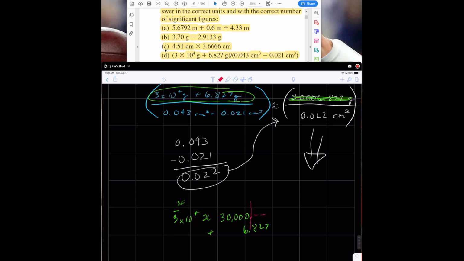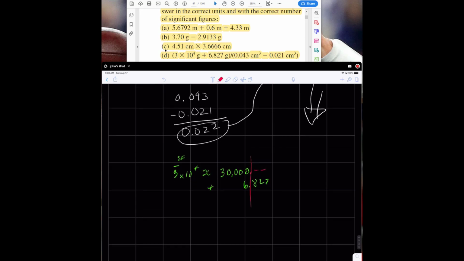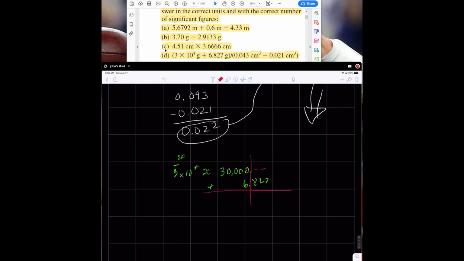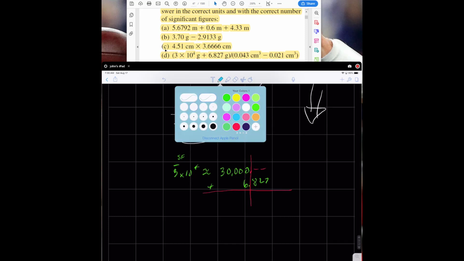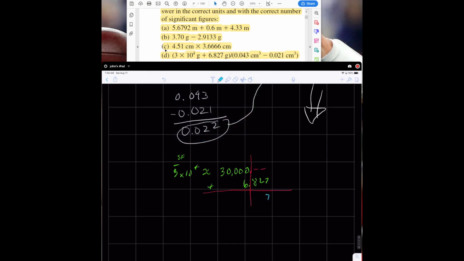So in theory, that's where we stop, right there. So when we do the addition, we are left with 30,006. We could say, oh yeah, that's now 30,007, right? Because the 8 is gonna round up.